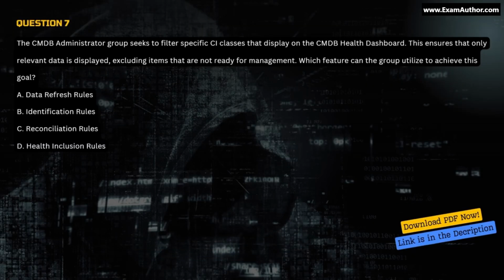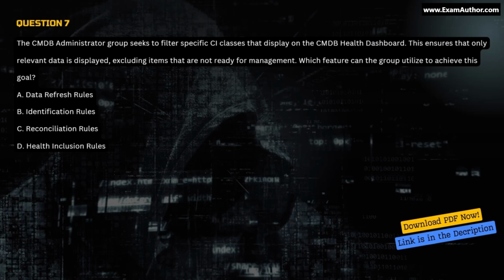Question 7. The CMDB Administrator Group seeks to filter specific CI classes that display on the CMDB Health Dashboard. This ensures that only relevant data is displayed, excluding items that are not ready for management. Which feature can the group utilize to achieve this goal? A. Data refresh rules. B. Identification rules.